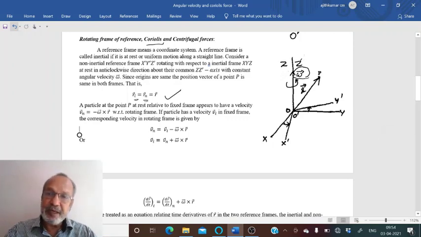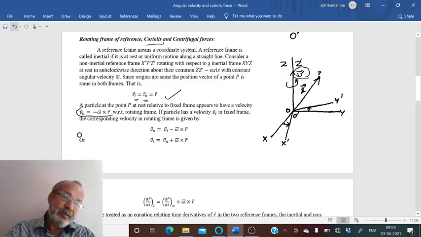Now suppose particle P is at rest in inertial frame of reference, that is in non-rotating frame of reference. But in the non-inertial frame, that point appears to be rotating in the opposite direction. So this is the velocity of the particle according to non-inertial frame, if the particle is at rest in inertial frame.